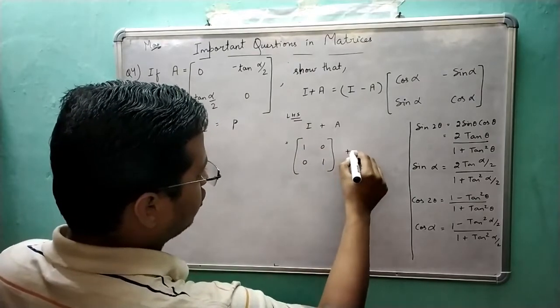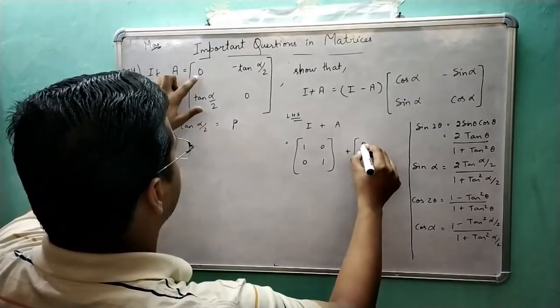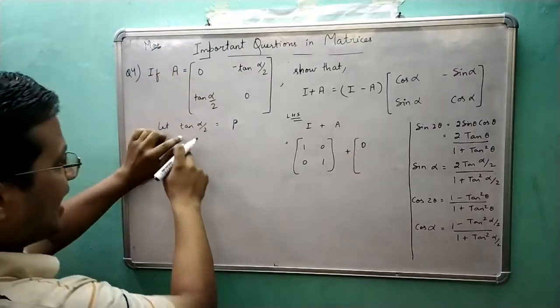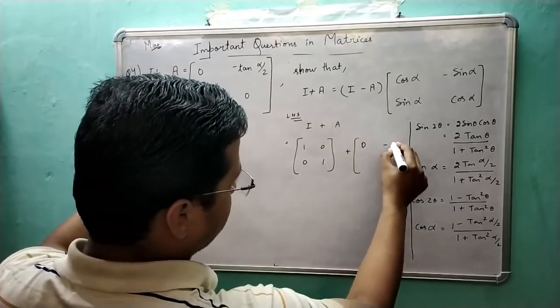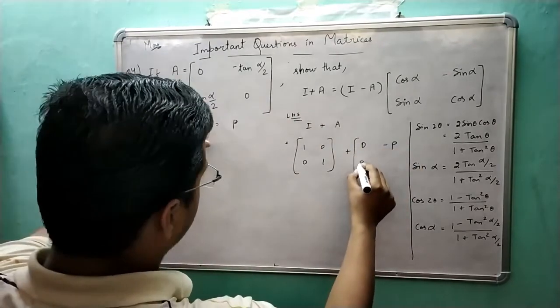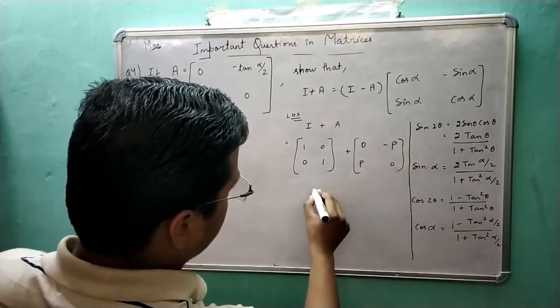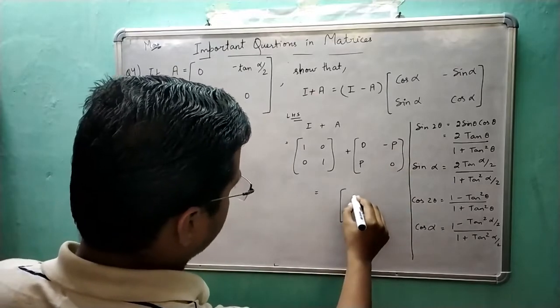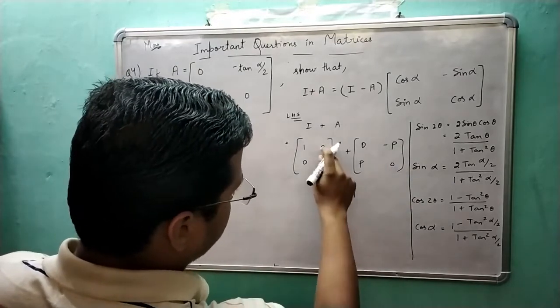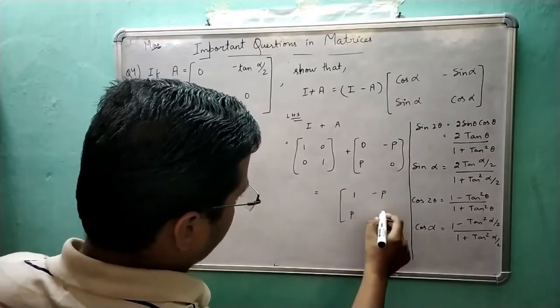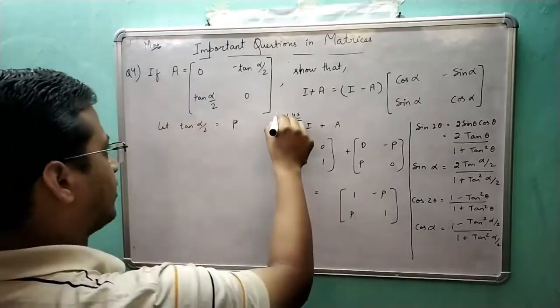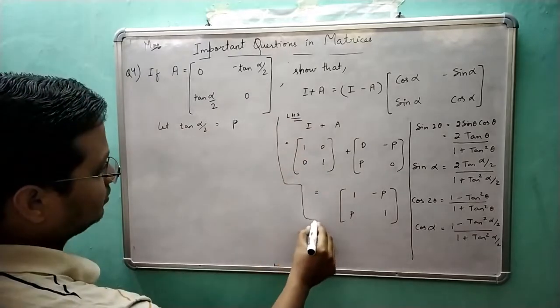So [1, 0, 0, 1] plus A. Since we have taken tan alpha by 2 as p, this will be minus p, this will be p, and 0. So our LHS is [1, minus p, p, 1]. This is the value of our LHS.